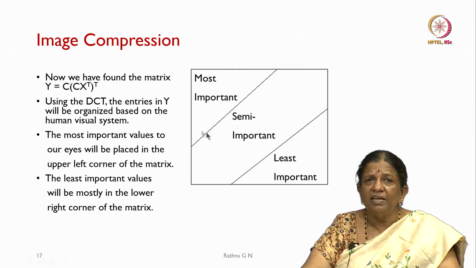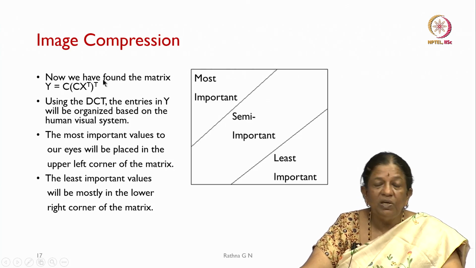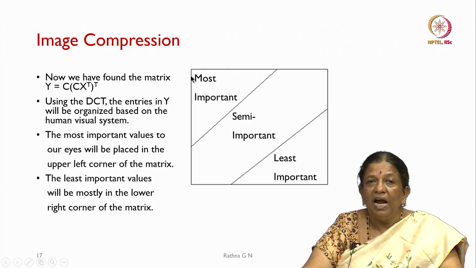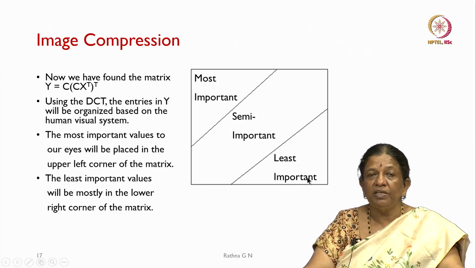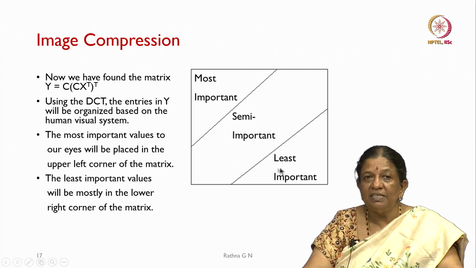We have found this matrix Y, which is C transpose whole transpose, and in this case this is the most important part of our image, these are semi important, and these are the least important values we are interested in.